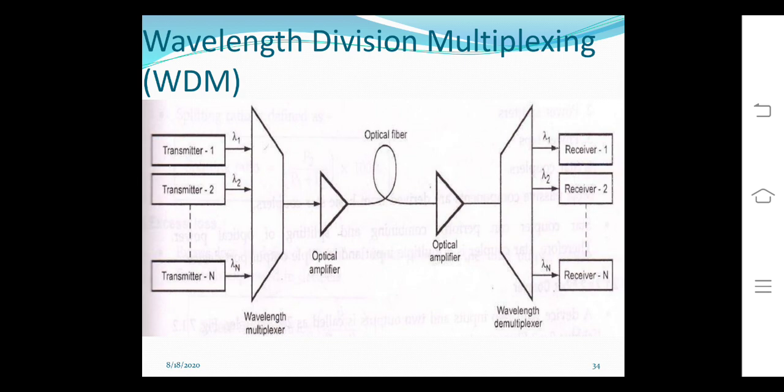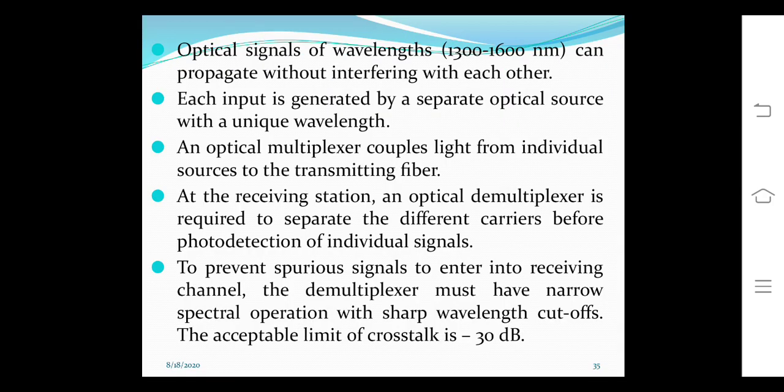Once it reaches the optical receiver, the signal is again amplified and split into different wavelengths by the wavelength demultiplexer. Each wavelength represents a signal and is received by its own receiver. So n number of receivers are there, and each receives the signal in its particular wavelength.